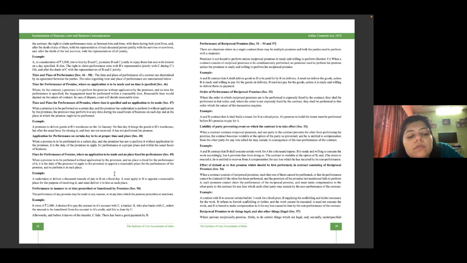With respect to the manner of performance, the fact that it should be reciprocal, or what sort of order it should follow, who performs the act first, the liability of the parties who do not want the performance to take place, the effect of default of such a promise, and the legality or the illegality of the promises that have been made. So there are multiple ways in which you can talk about promises and how promises may or may not stand in such cases.